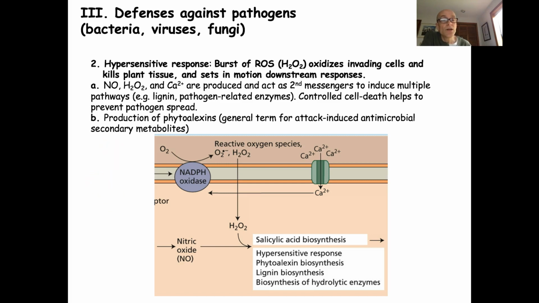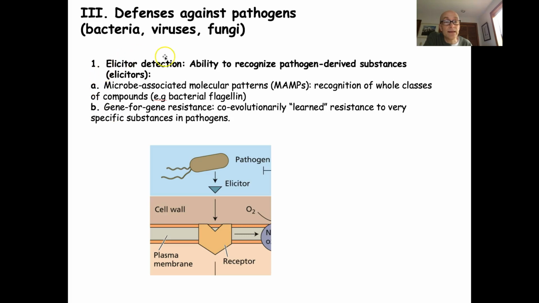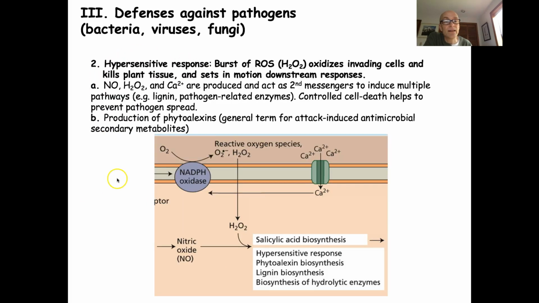Okay, so we talked about the gene-for-gene responses and the elicitor detection, but there are also pathways in the plant that are called the hypersensitive response. The hypersensitive response is a different type of response to bacteria than the ones that I just talked about. Under the term hypersensitive response, a number of signaling pathways are meant.